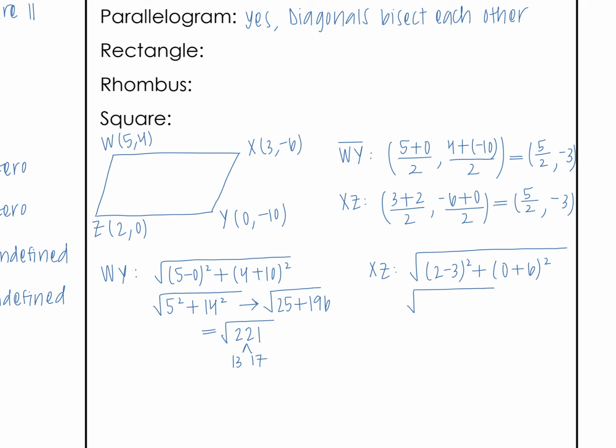Okay, so 2 minus 3 gives me negative 1 squared plus that 6 squared, which leaves me with 1 plus 36. So we'll get that we're getting the square root of 37. Okay, well, since these two are not the same, they are not equal, we know that this is not going to be a rectangle. So my answer is no. And we can say the diagonals are not congruent.